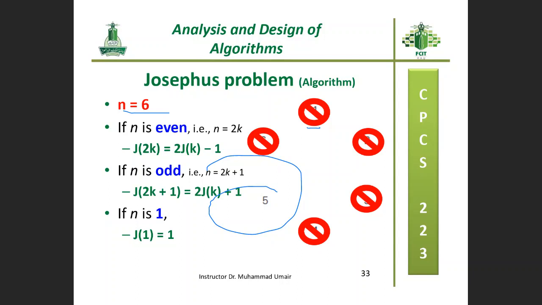So if we are numbering like 1, 2, 3, 4, 5, the first person who will be killed is 2. Okay? Every second person will be killed. So next one will be this one. Next one will be this one. And next one will be this one, and then it will be left with 5. You can keep on calculating this value. Okay?